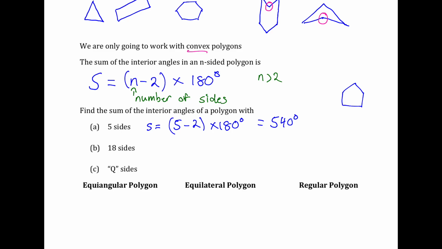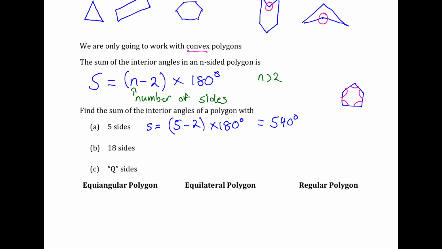If I add up this angle plus this angle plus that angle plus this angle plus this angle, all those angles add up to the 540. Some of them can be the same, some of them can be different. It doesn't matter what each of them are. All 5 of them have to add up to 540. And so that's our first fact of this lesson.